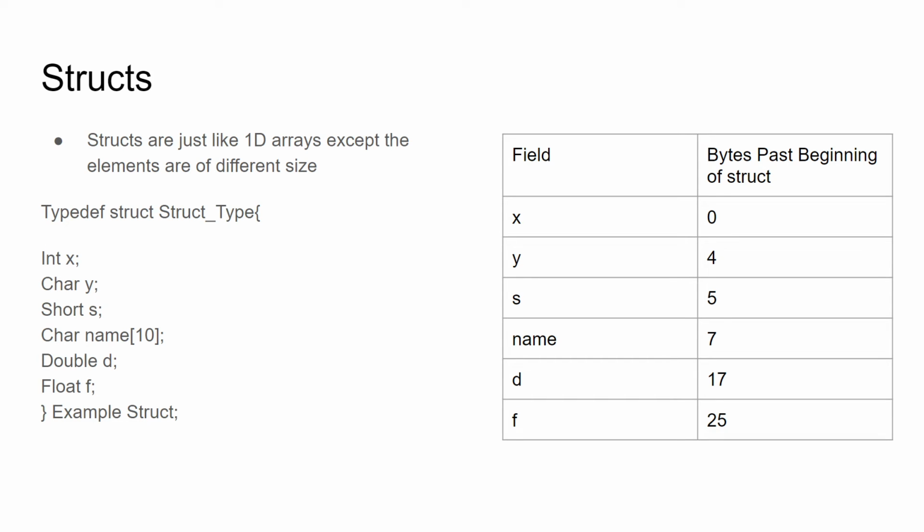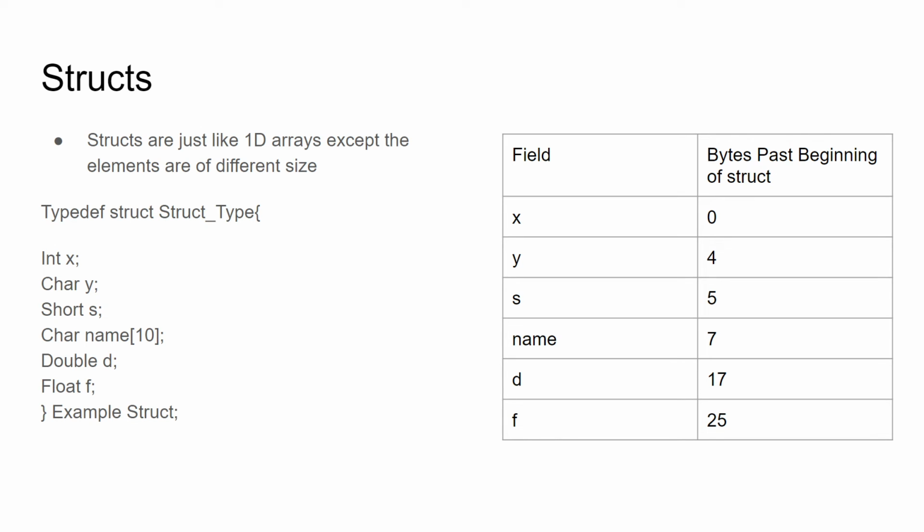So structs are essentially classes in C. The way that they work in terms of how they're represented in memory is when you declare some struct, the elements in the struct are just laid out next to each other in memory. So if we declare our struct where we have x, which is an integer, y, which is a character, s, which is a short, an array of characters, a double and a float, those elements will just be laid out one right after the other in memory.